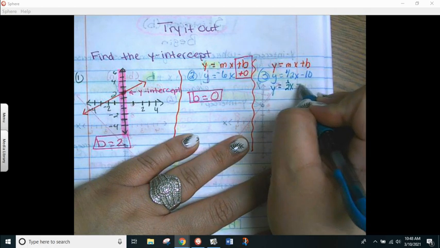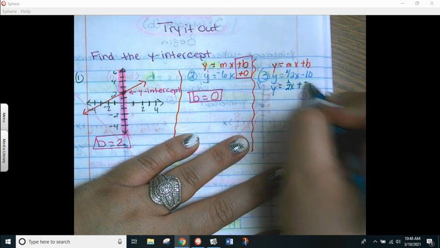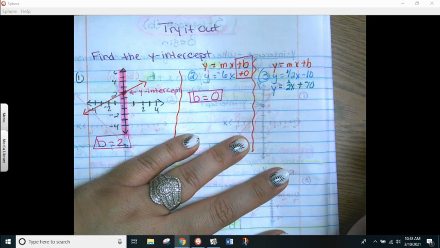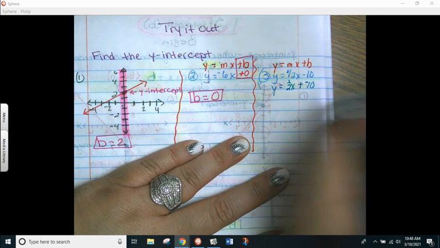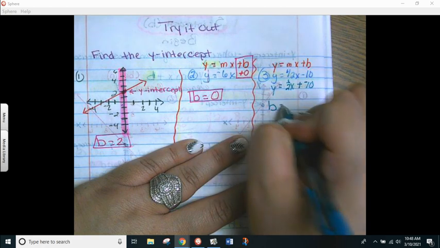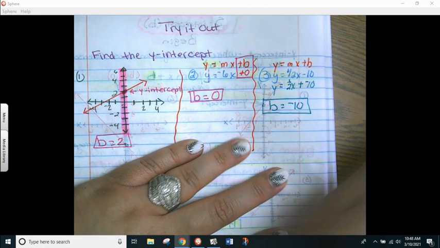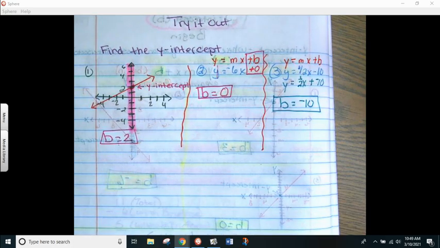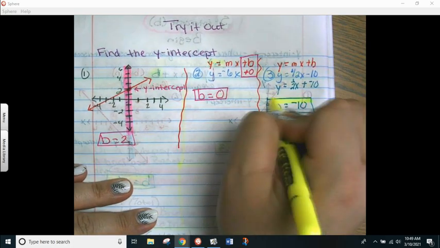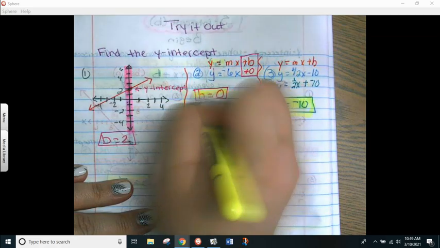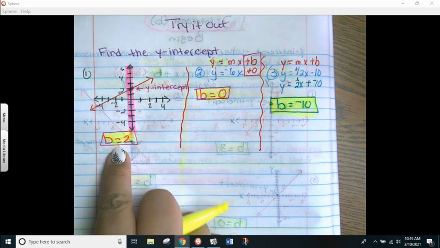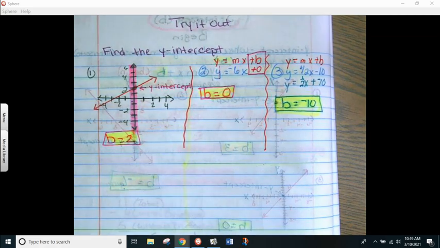Change subtraction to addition, which makes my positive 10 a negative 10. So if you did that in your head and you told me that the y-intercept is a negative 10, that is awesome. That means you're already training your brain to see the minus 10 as negative 10 because we have to change it to addition. So you should have gotten 2, 0, and negative 10.